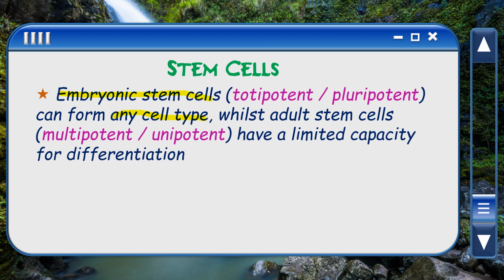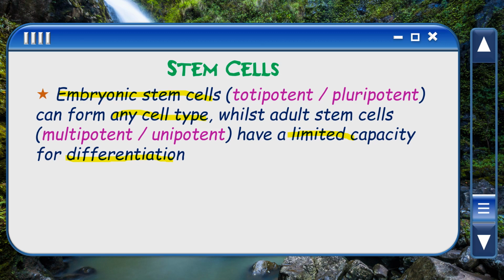These ones have limited capacity for differentiation. We are giving you the different types of stem cells. One is the embryonic stem cells, the totipotent and pluripotent. These are stem cells that we find in the embryo, and they can form any cell type.